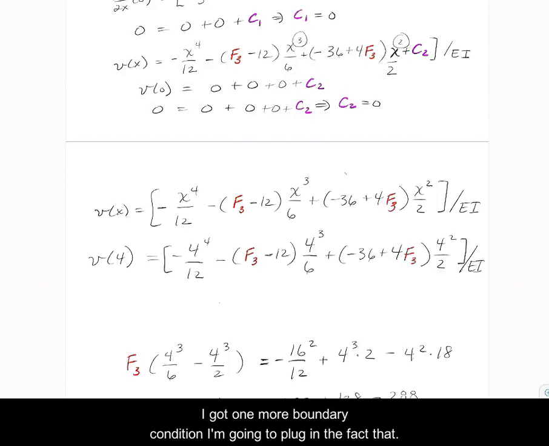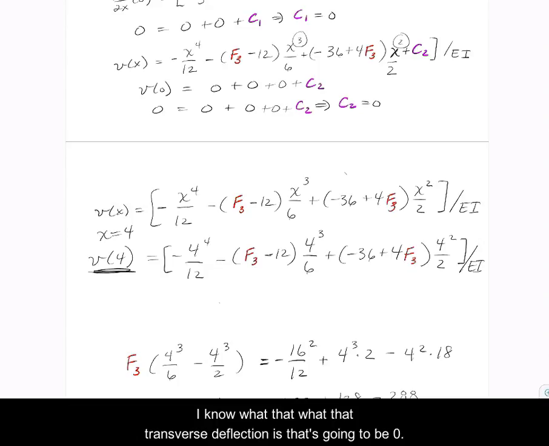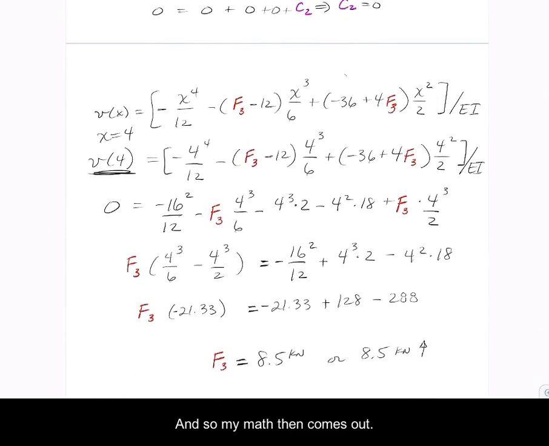But I've got one more boundary condition. I'm going to plug in the fact that at x equals 4, I know what that transverse deflection is. That's going to be 0. And so my math then comes out such that I can solve for F3.